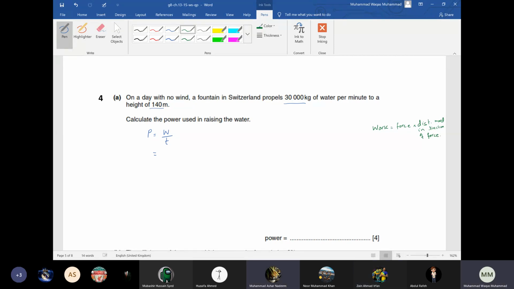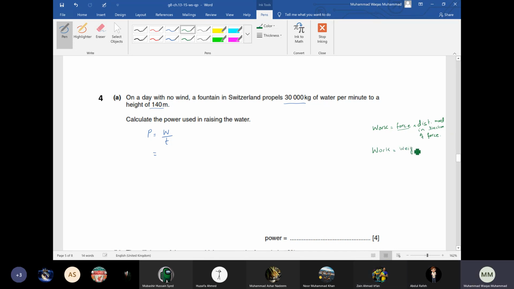Now beta, you remember we have discussed, when work is done on an object in lifting it against gravity, the force needed to do work is equal to the weight of the object. Right or wrong? Yes, sir.